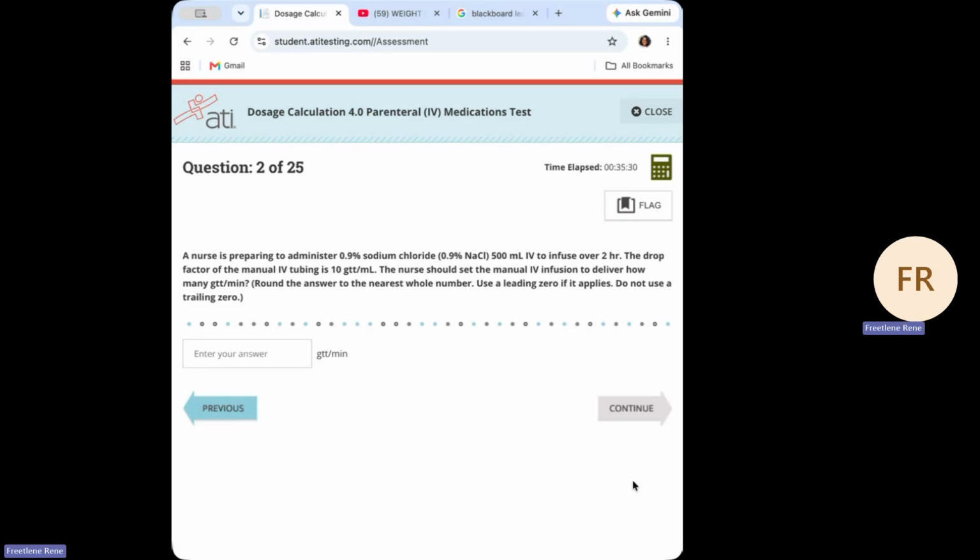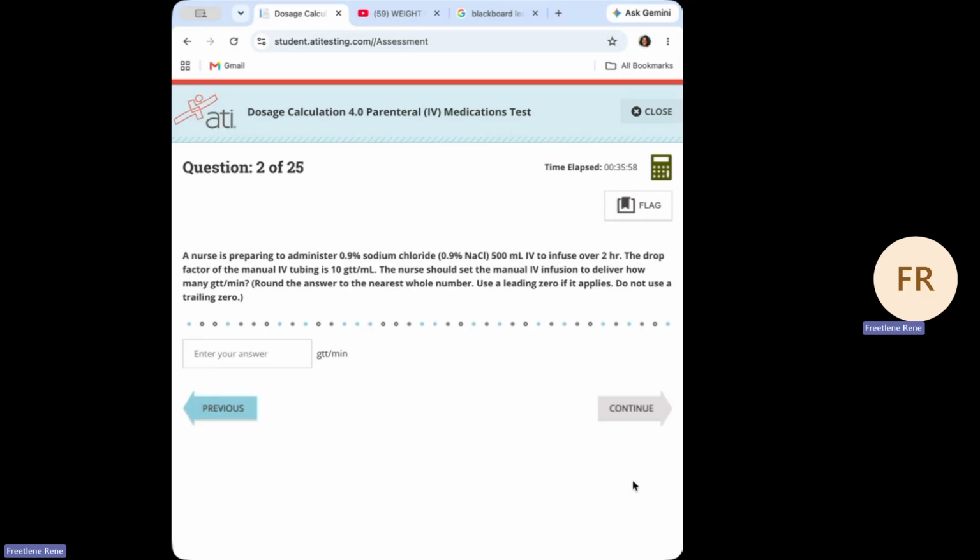Okay, so what is your drop factor? It is 10 GTT over 1 ml, so you're going to start your equation with that.